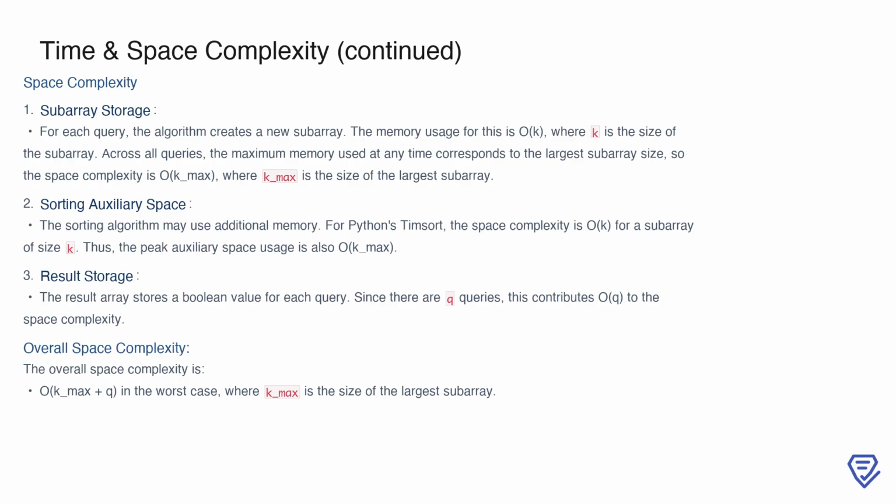Additionally, the sorting operation uses auxiliary space, and for Python's timsort algorithm, this also requires O(K) for a subarray of size K. Again, the peak auxiliary space usage corresponds to the largest subarray size, resulting in O(K_max). Finally, the result array stores one Boolean value per query, contributing O(Q) to the space complexity. Combining these components, the overall space complexity is O(K_max + Q) in the worst case. This ensures the algorithm is space efficient, even for numerous queries.